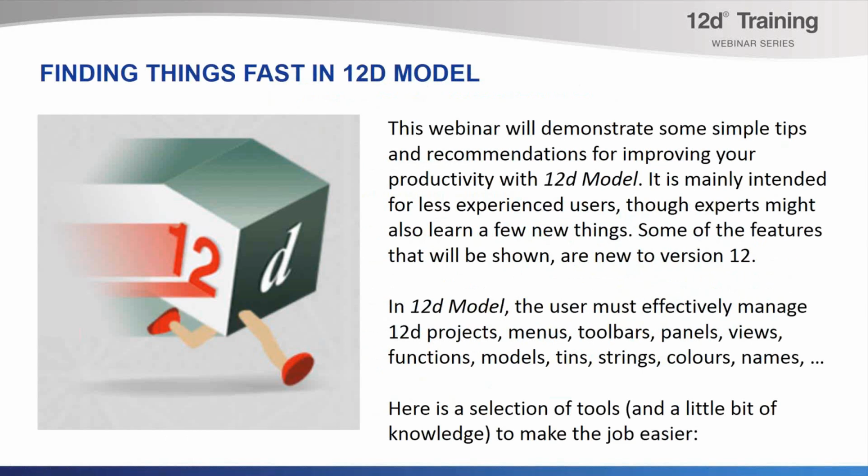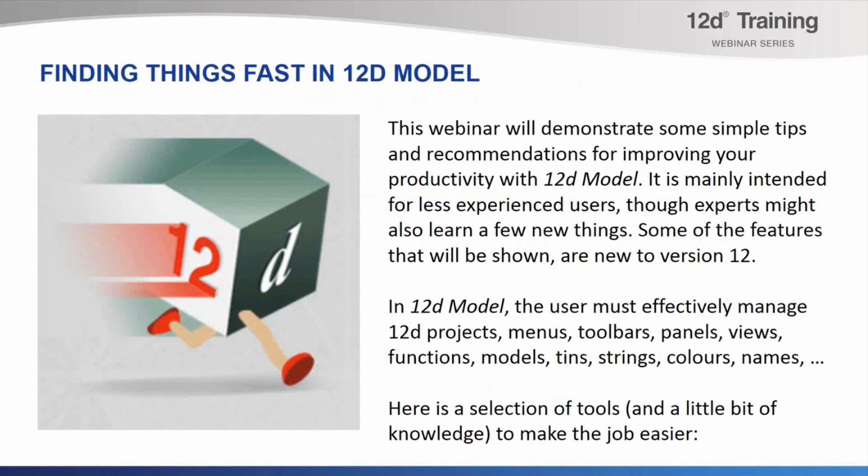Today's webinar, Finding Things Fast in 12D Model, is an introductory webinar, mainly intended for less experienced users, though experts may learn a thing or two today. I'm going to go through a few tips and recommendations on the use of 12D that will hopefully improve your productivity.